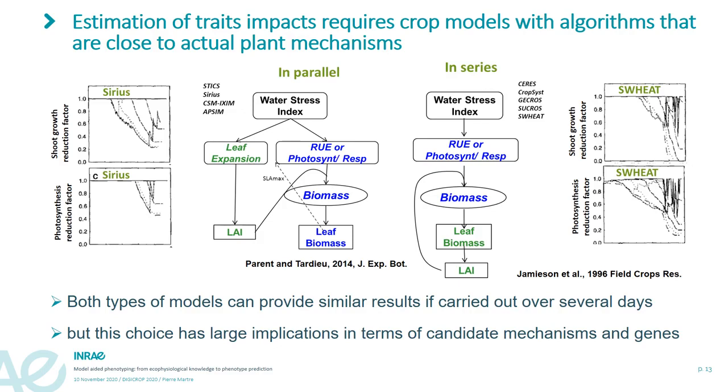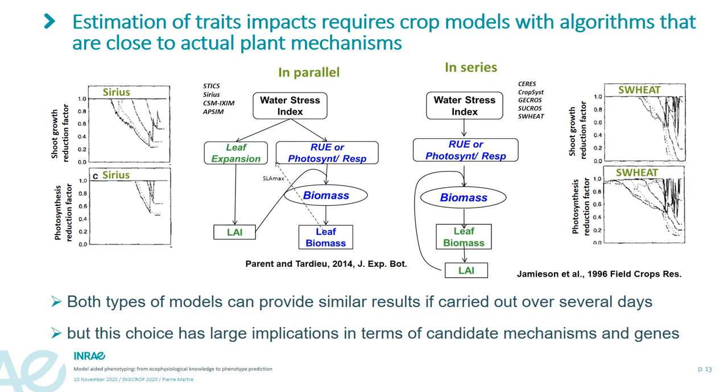You can see here on the left a model that considers the effect of water stress on leaf expansion and radiation use efficiency in parallel. In such a model, the leaf expansion starts to decrease much earlier under drought than the photosynthesis.